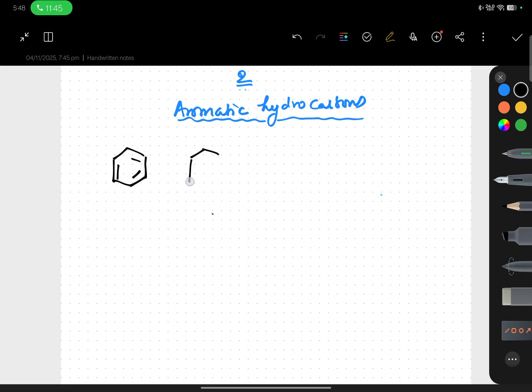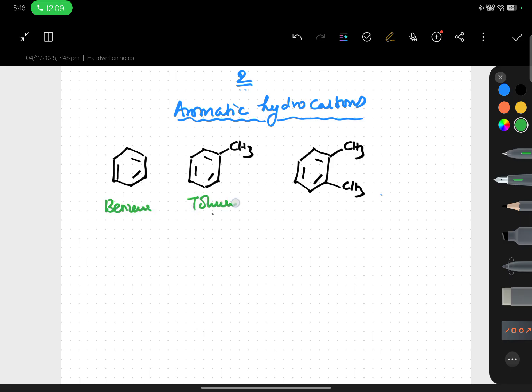If you substitute a methyl to the benzene, this is called toluene. Or you take another benzene ring and attach two methyl groups, we call it xylene. Like this, we have the same molecule with different names when the substituent changes. So this is called orthoxylene. So this is one set.